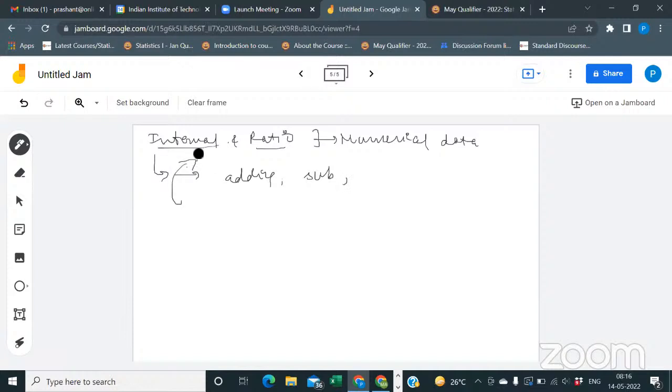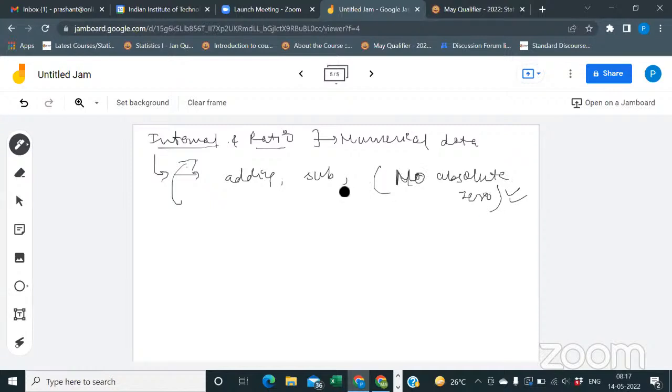It means you can order that. Suppose you have numbers, then obviously you can order the numbers. And in the interval scale there is one property, no absolute zero. I'm hoping all of you are familiar with this.